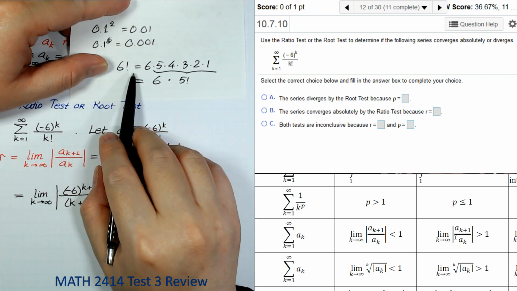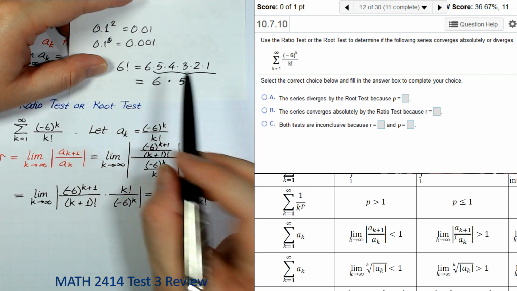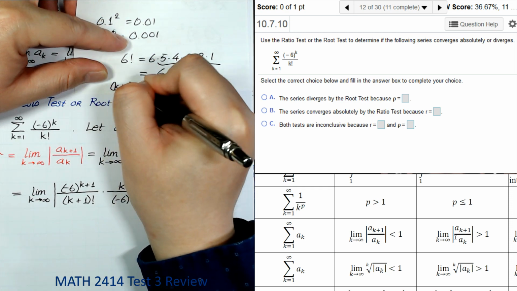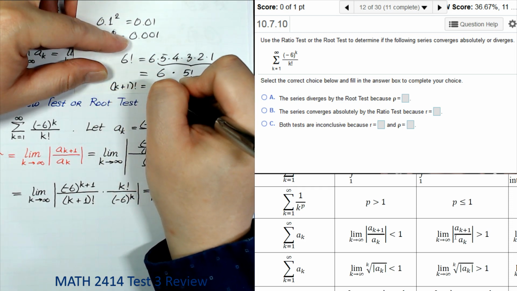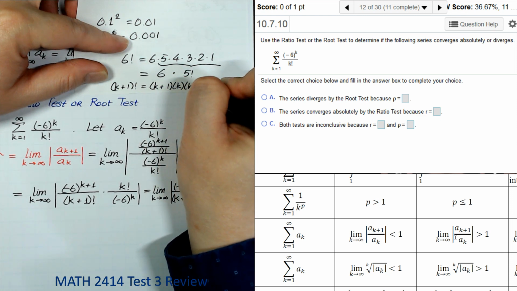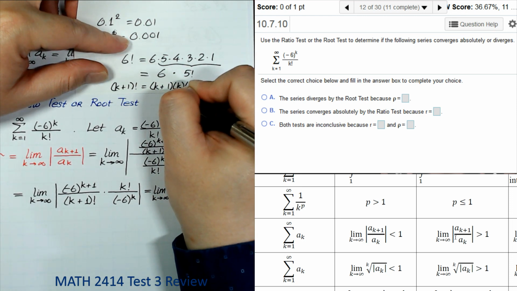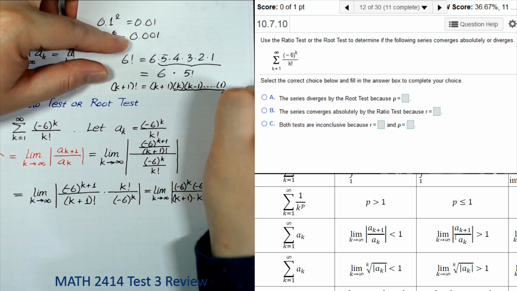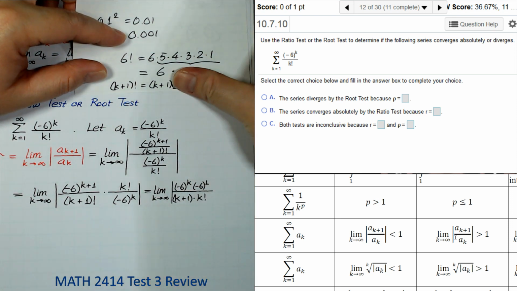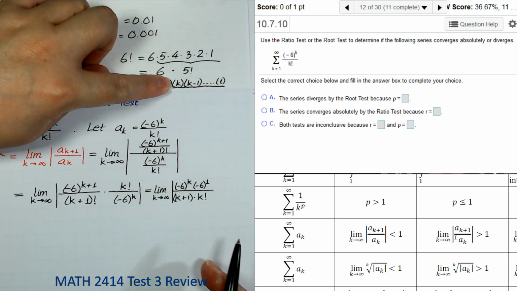So 6 factorial is 6 times 5 factorial. In the same way, k plus 1 factorial is k plus 1 times k minus 1, and so on back to 1, and all of that is k factorial. So that's why we write it like this: k plus 1 times k factorial.